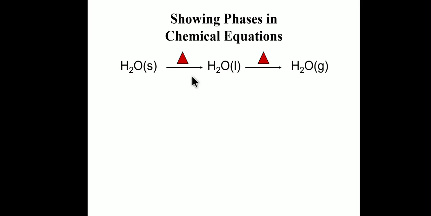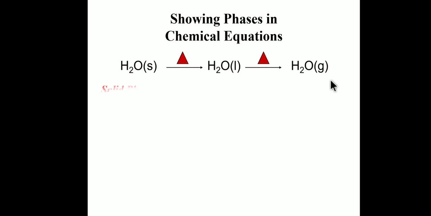If you heat this ice, the H2O converts into liquid, H2O(l). If you heat this water again, it gives vapor, that means H2O in the gaseous state. So these are the solid state, liquid state and gaseous state. Like this we can represent the phases.